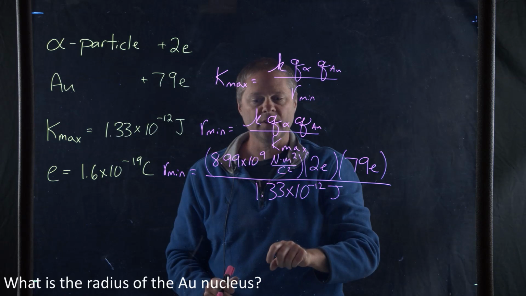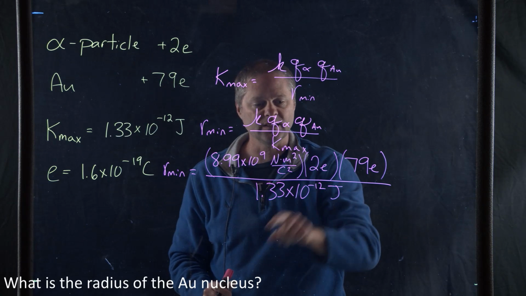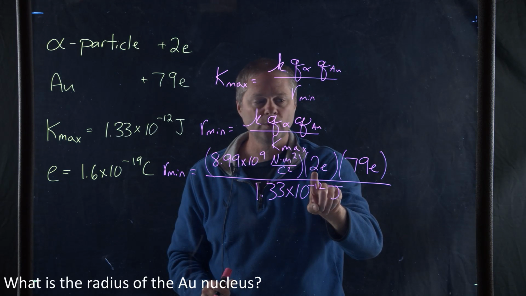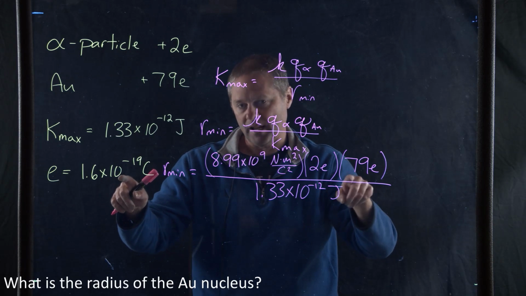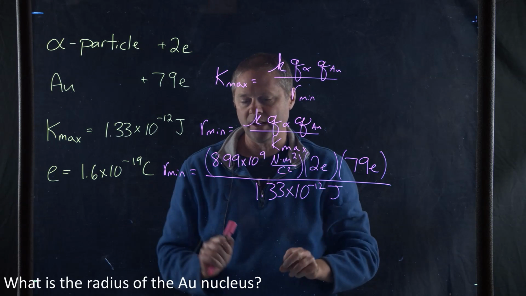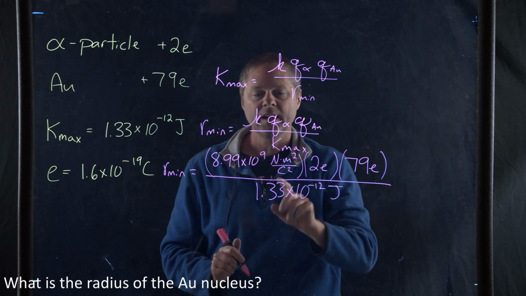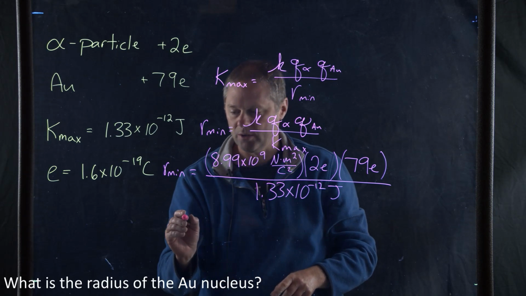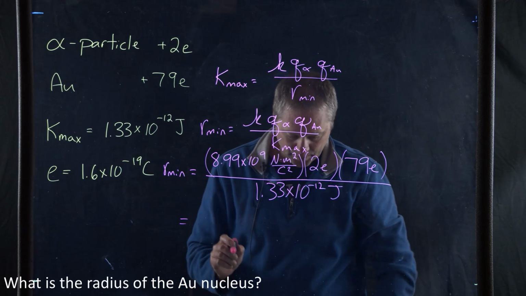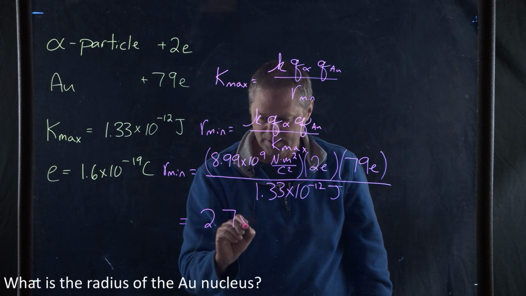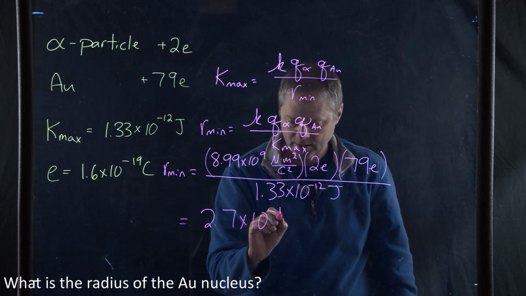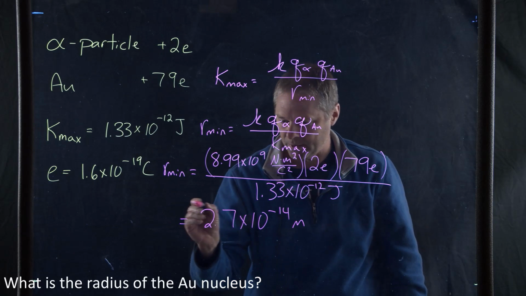We're going to take that times 2 times e, times 79 times e. Remember, you've got to include e in the calculation. Divided by the kinetic max of the alpha particle. And what we end up getting for this is 2.7 times 10 to the minus 14th of a meter.